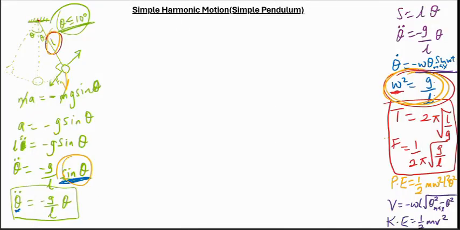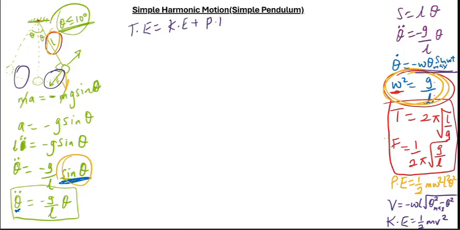Lastly, analyzing our total energy. We know our total energy at any point in this system is kinetic energy plus potential energy. Our kinetic energy is half mv squared, and our potential energy is half m omega squared L squared theta squared.